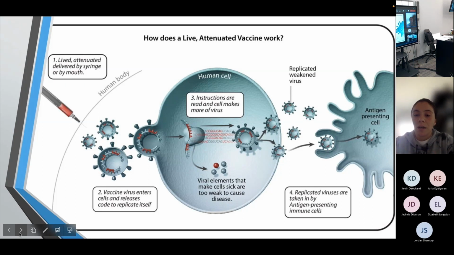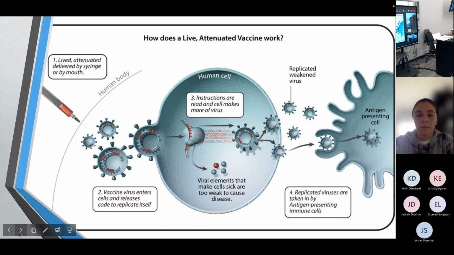In this process, the instructions are read within the human cell, and this creates more virus. But again, at this time, these are going to be a weaker version of the virus, or again, attenuated. And then they are going to be replicated, and they're going to be taken into the APC cells.